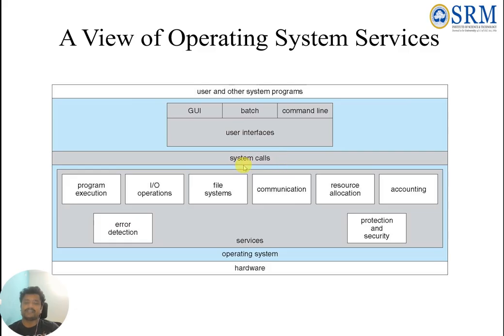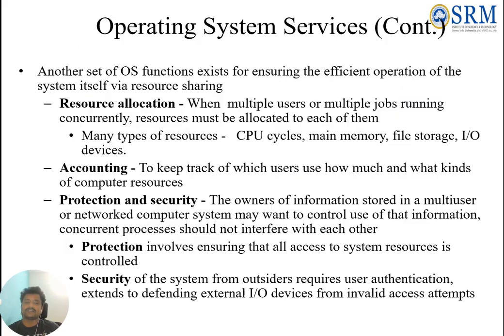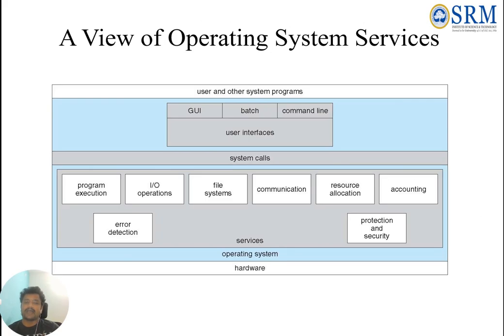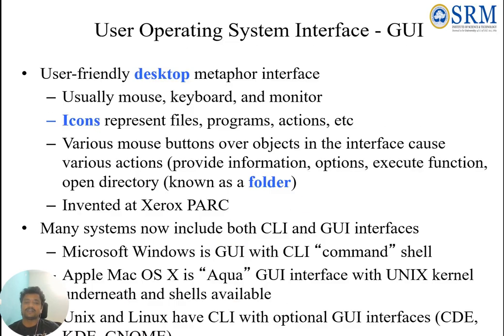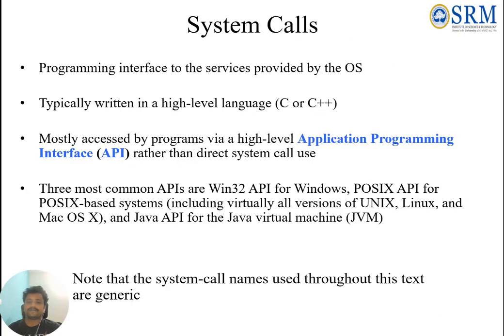So we will see what the system call is, what is significant about it, and how it acts between the services and the user interface. A system call is the programming interface to the services provided by the particular OS.